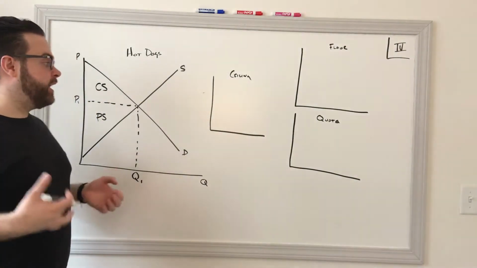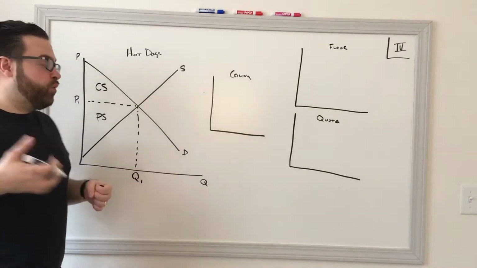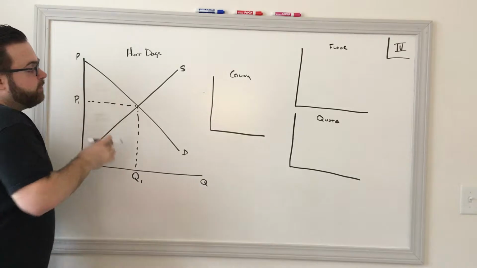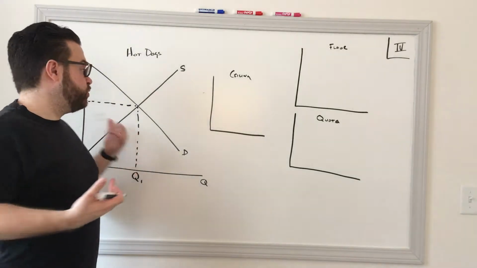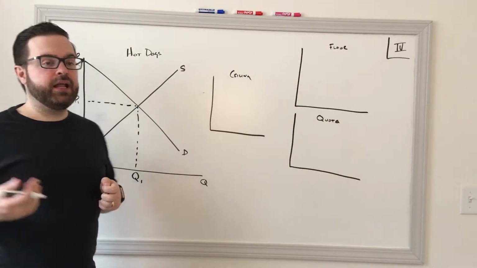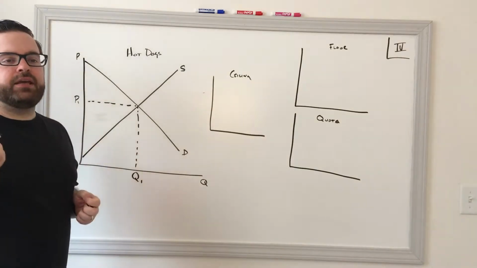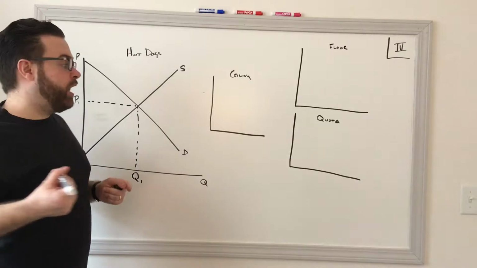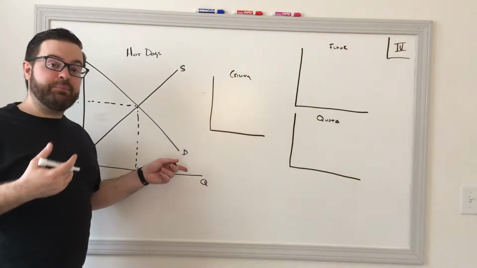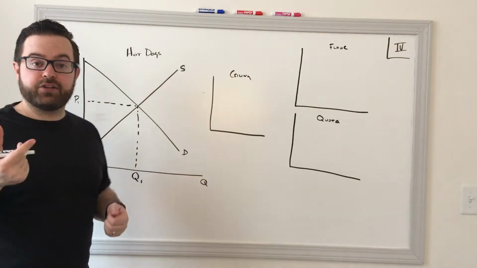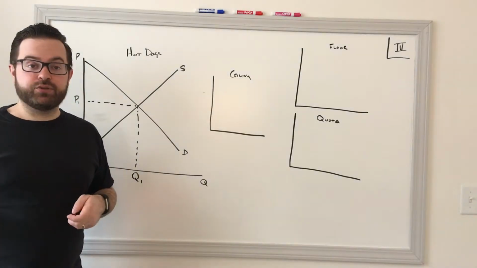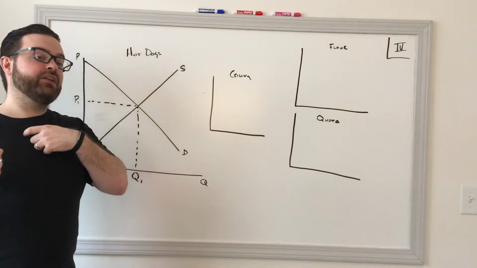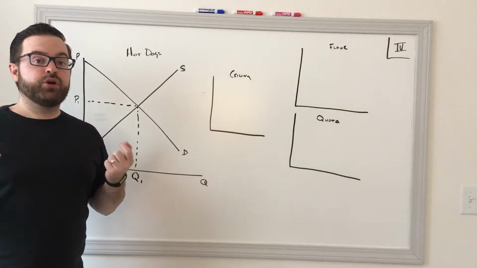Now, going back to this concept of supply and demand shifts, well, what happens if something external to the price impacts the market? So let's say the cost of hot dog buns goes up. How will that affect supply or demand? Well, it's going to affect demand because hot dogs and hot dog buns are complements. You use them together. So if the price of buns goes up, my demand for hot dogs is going to go down.